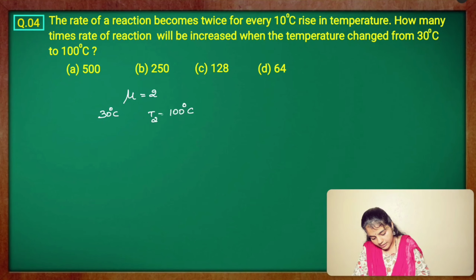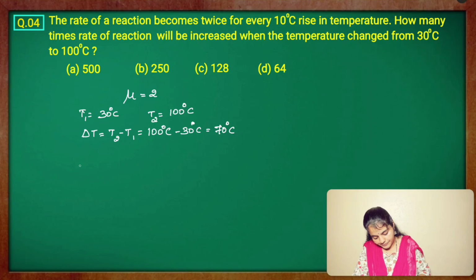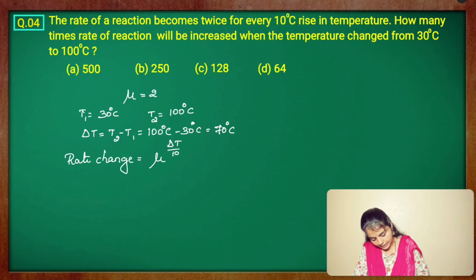Meaning T2 is 100, T1 is 30 degrees centigrade, delta T is T2 minus T1, that's equal to 100 minus 30 degrees centigrade, which is equal to 70 degrees centigrade. So the rate change is equal to mu raised to delta T divided by 10, which is equal to 2 raised to 70 by 10, which is equal to 2 raised to 7.